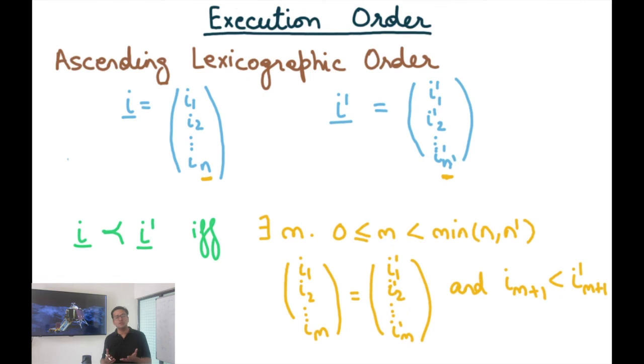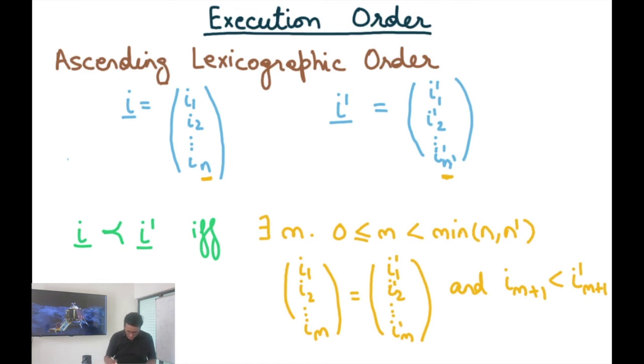This is also similar to our lexicographic order. In a dictionary, we can say that the word zebra lexicographically comes later than the word, let's say, abracadabra, right? Even though abracadabra is a bigger word. The n in abracadabra is maybe 10 or something like that, the length of the string, whereas for zebra, n prime is 5, yet we can say that abracadabra is lexicographically less than zebra, right?